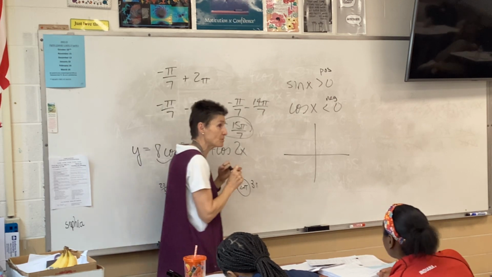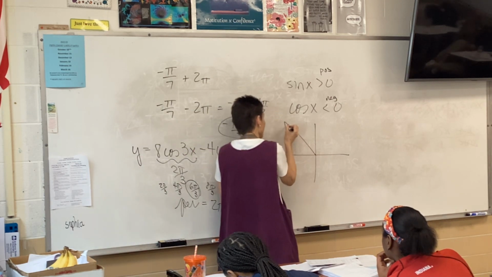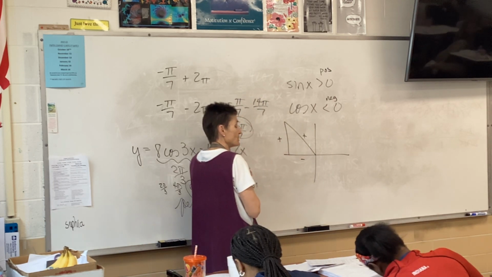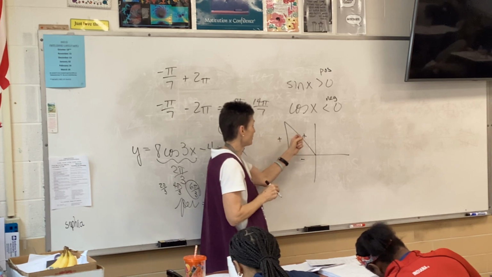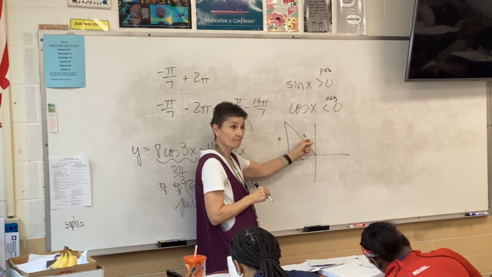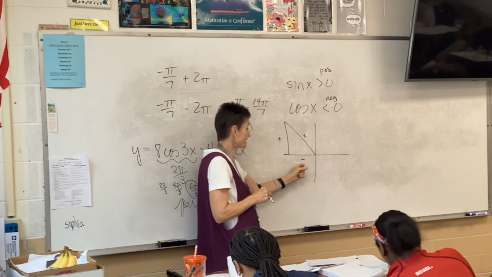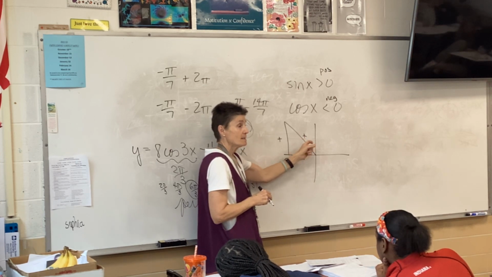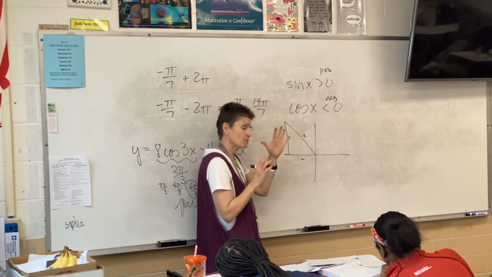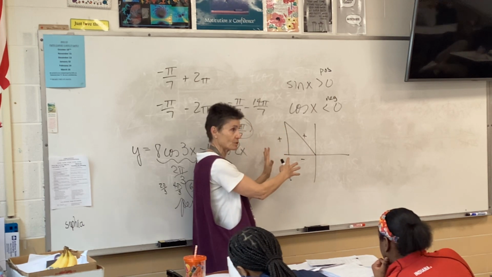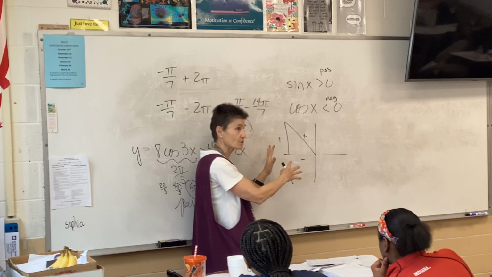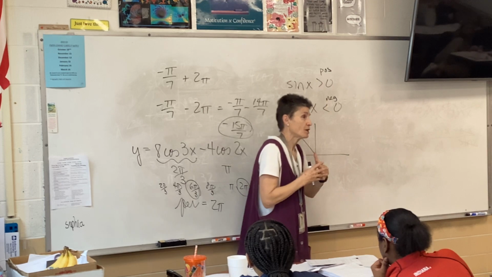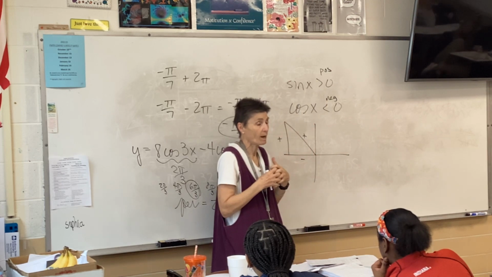I heard somebody say 2, and I agree 100%. If you look at a triangle in quadrant 2, will opposite over hypotenuse be positive? But adjacent over hypotenuse will be negative. Another way to think about this, and it's up to you: sine is associated with which coordinate, x or y?